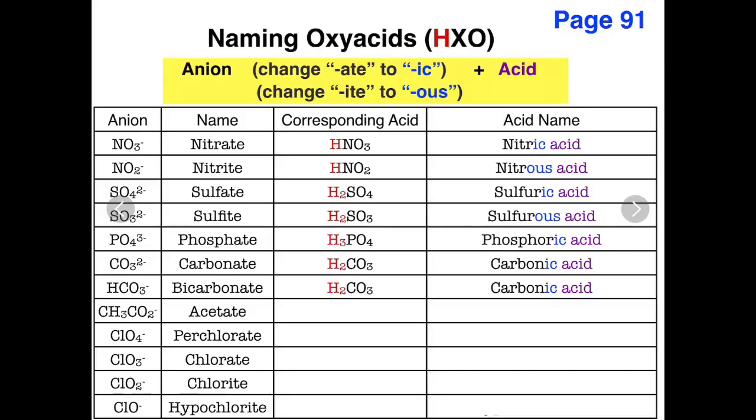Acetate, if you write the hydrogen, there are two ways to write the acetate chemical formula. One is to write the hydrogen first, like what we just learned, followed by the anion, and the other is CH3CO2H. This is also correct.